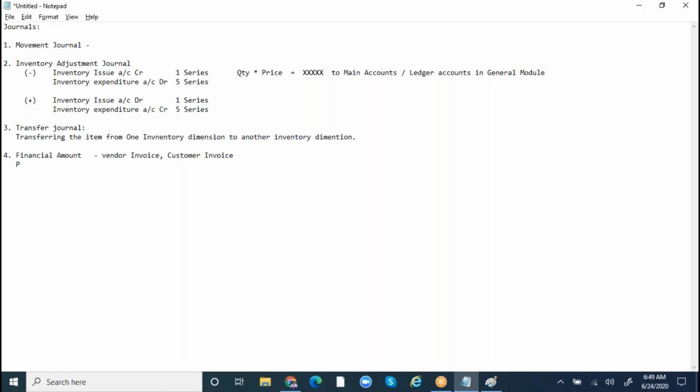The physical amount is at the time of product receipt and packing slip. Agree with me, Sunil? So now you are asking about this one. Am I right, Sunil? Sunil, are you there?